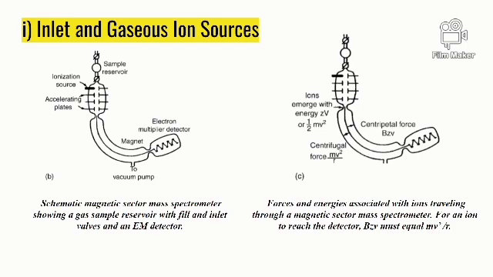It is important to note that the kinetic energy of an ion accelerated through a voltage depends only on the charge of the ion and the voltage, not on the mass of the ion. The translational component of the kinetic energy is equal to half of mv squared. The kinetic energy of all singly charged ions is the same for a given accelerating voltage. Therefore, ions with small masses must travel at higher velocity than ions with larger mass.